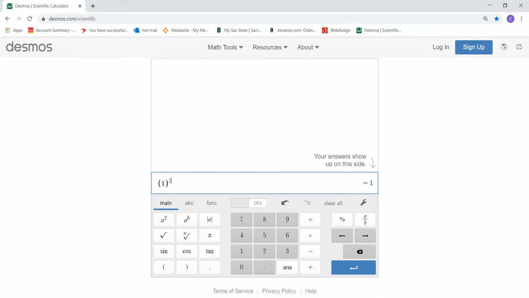So when you put in 1.5, the output is 3.375. Okay, so I'm recording this on the whiteboard. 1.9 cubed is 6.859.